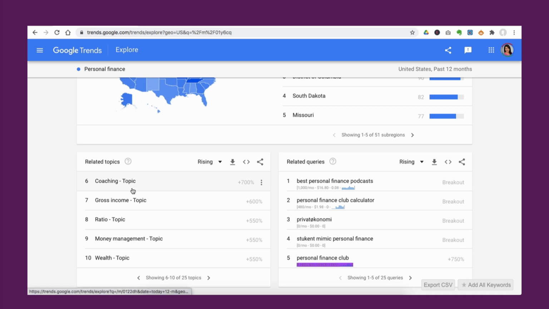Coaching, gross income, ratio, money management, wealth, cash flow, organization, understanding, balance sheet, Kiplinger, annual percentage, personal finance, interest, money, investment, debt, mathematics, Quizlet, courses. Okay, so this is fairly broad. Very, very broad. Now, here's how you want to think about related topics.